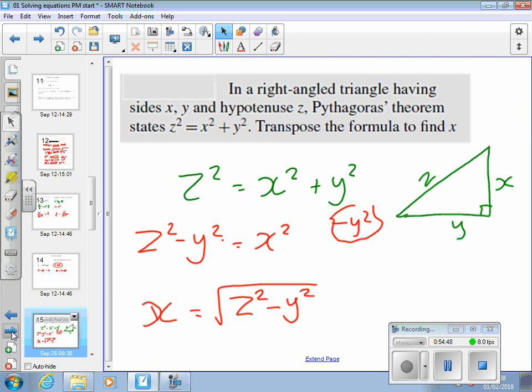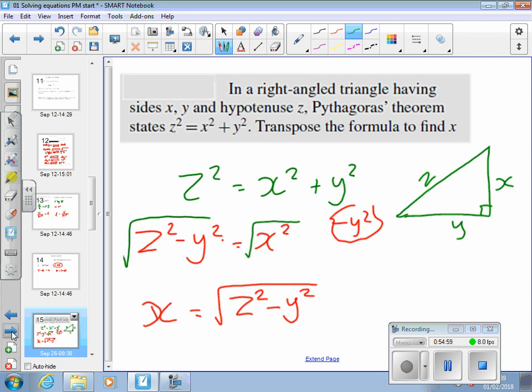To get rid of the square there, we need to do a square root. This side will get upset if you don't do the same. Don't cancel them out.